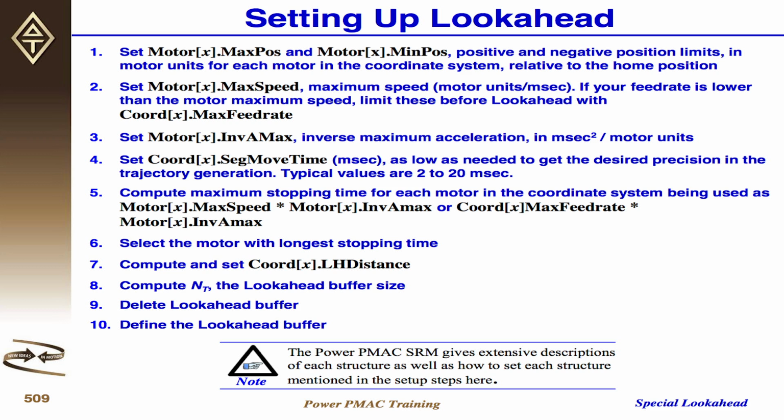Then this is very important. Without this, lookahead will not be on. So you need to set the segmentation time, Coord[x].SegMoveTime. This is in milliseconds. For a perfect trajectory, you want to set this as low as possible to make more segments.